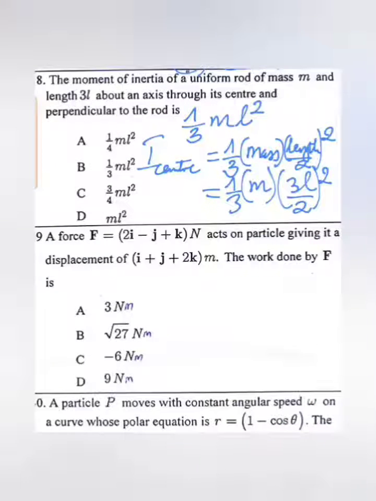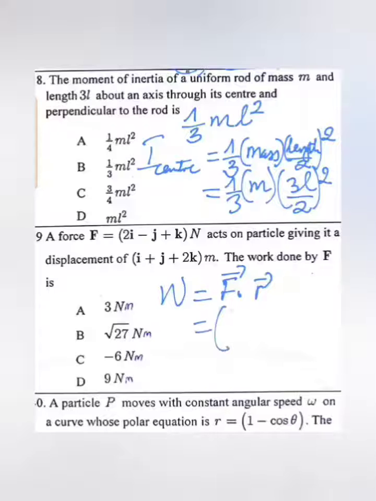In question 39, we have a force F equals 2i minus j plus k newtons acting on a particle, giving it a displacement of i plus j plus 2k meters. The work done by the force is, and we have these options. Work done by a force is the dot product of the force vector and the displacement vector r.